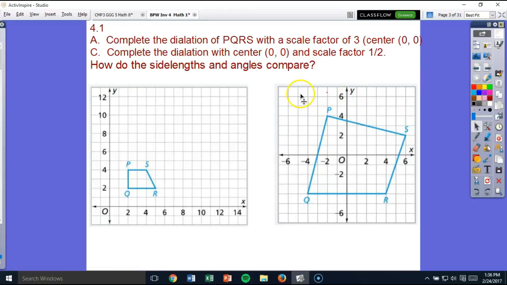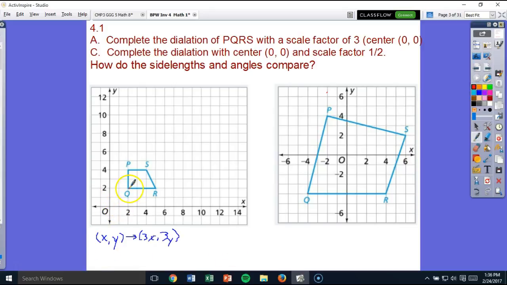As we look at 4.1, it says complete the dilation of PQRS with a scale factor of 3 with center (0, 0). What that means is we are going to dilate from point (0, 0). And to get a scale factor of 3, we are going to go from (x, y) to (3x, 3y).